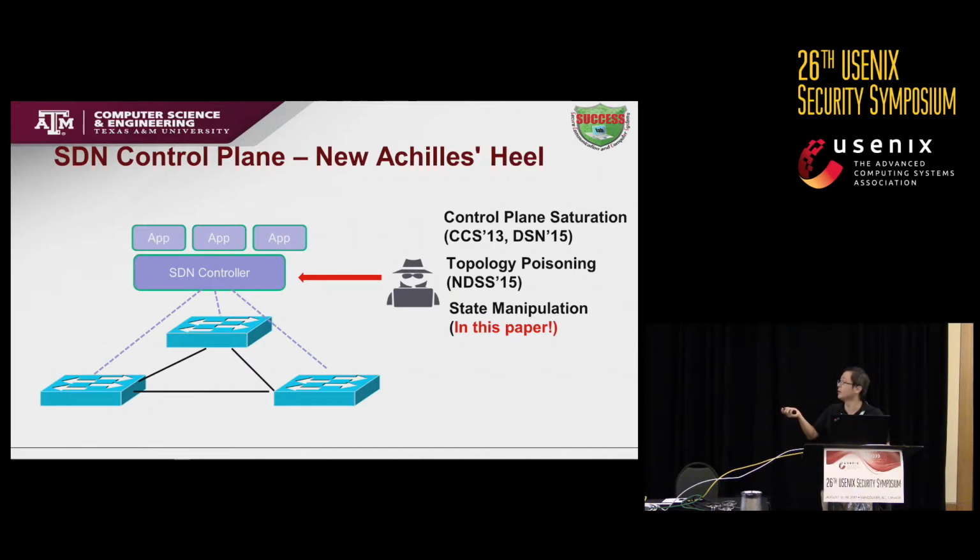We also presented a new attack called the topology poisoning attack, which can potentially poison the network topology and provide a fake view to upper layer apps. And in this work today, I'm going to present a new attack called the state manipulation attack, which is also against the brain of the SDN space, the controller.